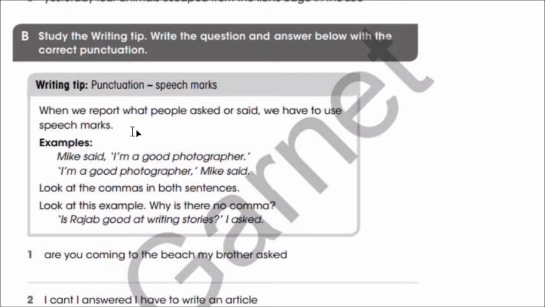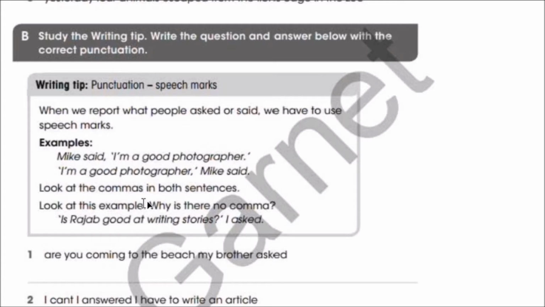When we report what people asked or said, we have to use speech marks. Examples: Mike said, "I'm a good photographer." "I'm a good photographer," Mike said.